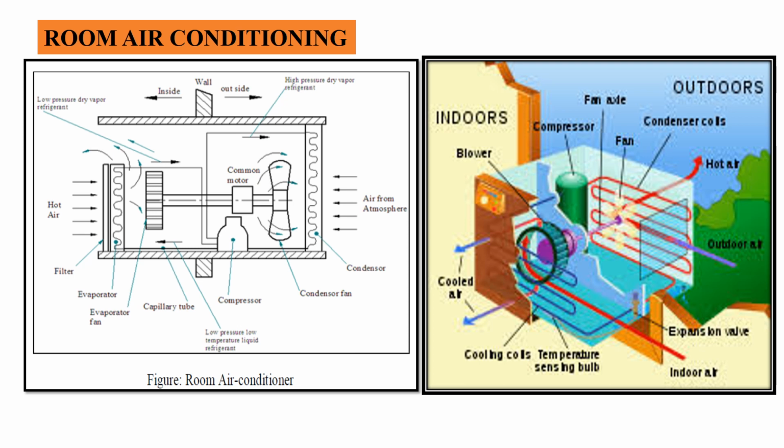That air is supplied back to the room. So finally, in the room you get low temperature, maintained temperature, and filtered air supplied back to the room. It's a very important thing. So this is the working principle of room air conditioning.